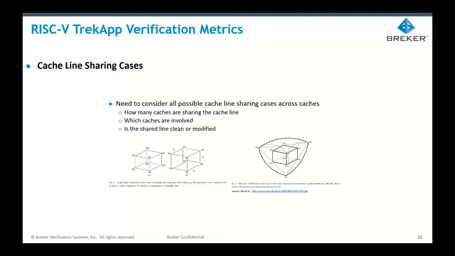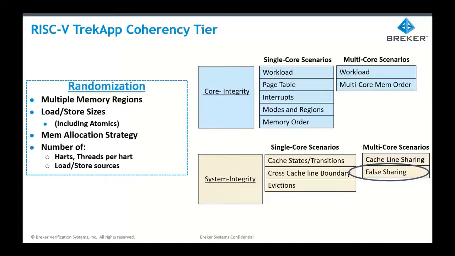Depending on your cache line size, you can have 3 or 4 different processors share the same cache line. So you can understand that accessing that cache line is going to introduce a lot of traffic. And also false sharing, where half of your cache line is utilized by one processor and half of the cache line is utilized by another processor.